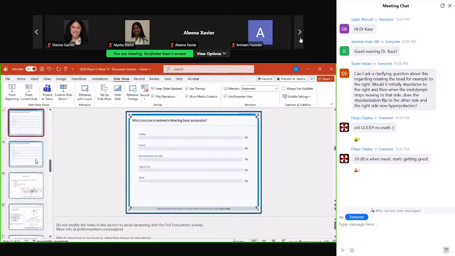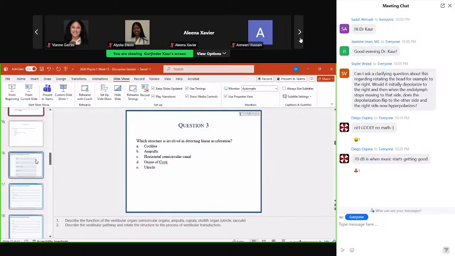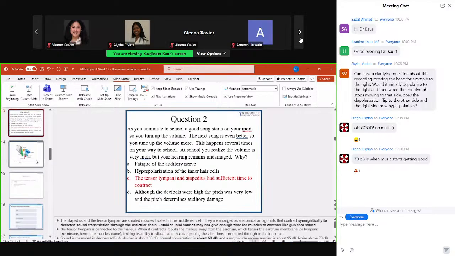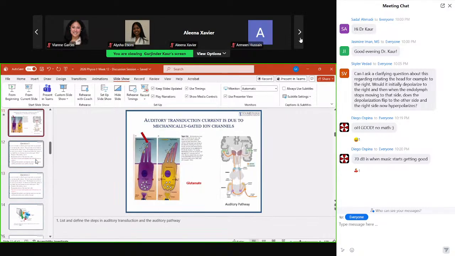It's for the ears though, not for the taste: the auditory pathway, transmission. This one? You don't have to know it. This is not in our learning objectives, and it's very anatomical, if you ask me. You may have questions from neuro on this, but not from me. If it was, I would have already gone into the detail in class.